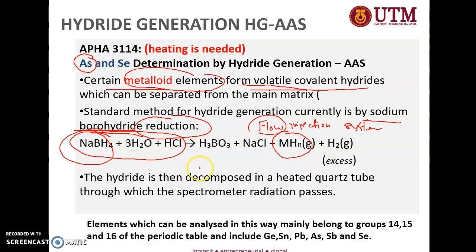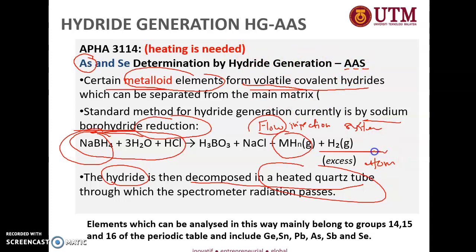What then? The hydride you produce during the chemical reaction will be decomposed in a heated quartz tube. When it is heated, it will further produce the atom. Remember, we are still talking about atomic absorption spectroscopy, so we will produce atoms.